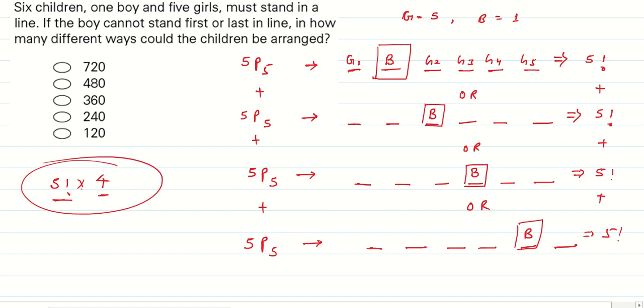I am multiplying because for every one way of the boy sitting, I have multiple ways of the girls sitting. So 120 into 4, I get the answer 480. Make sense? That's your answer.